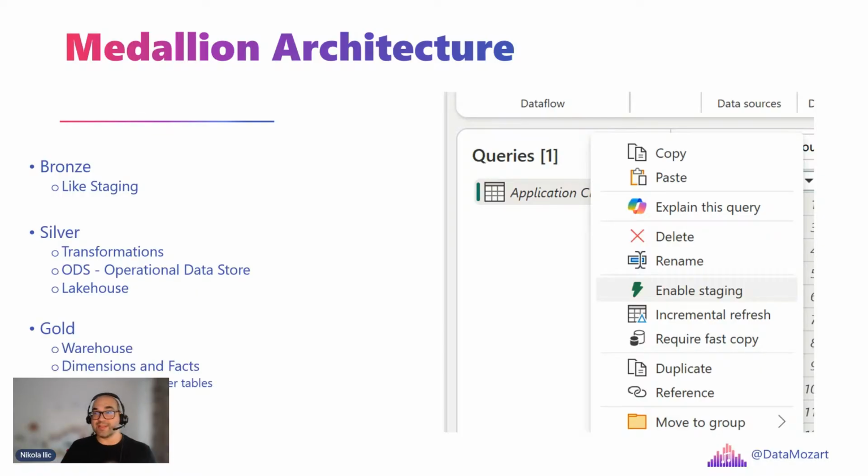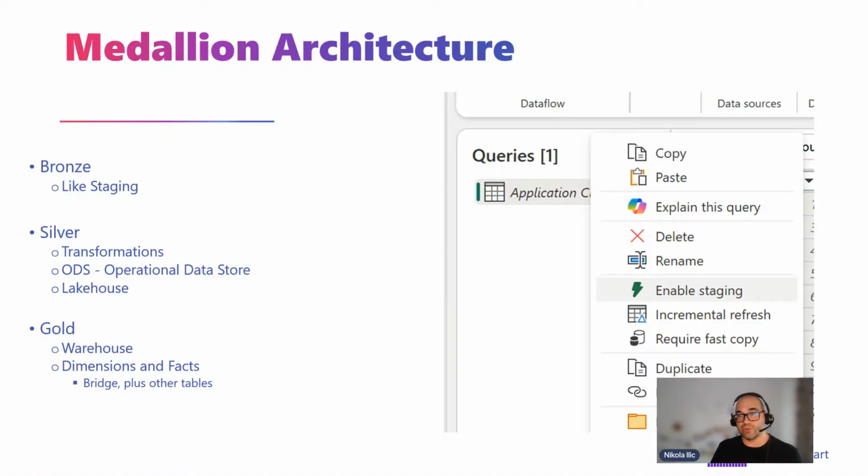And gold is a serving layer, so star schema, dimensions, facts, typically in a warehouse, although it can also be a lakehouse. Everything that I'm going to show you today focuses on the bronze to silver transition, because that's where the data analyst's transformation skills translate most directly.